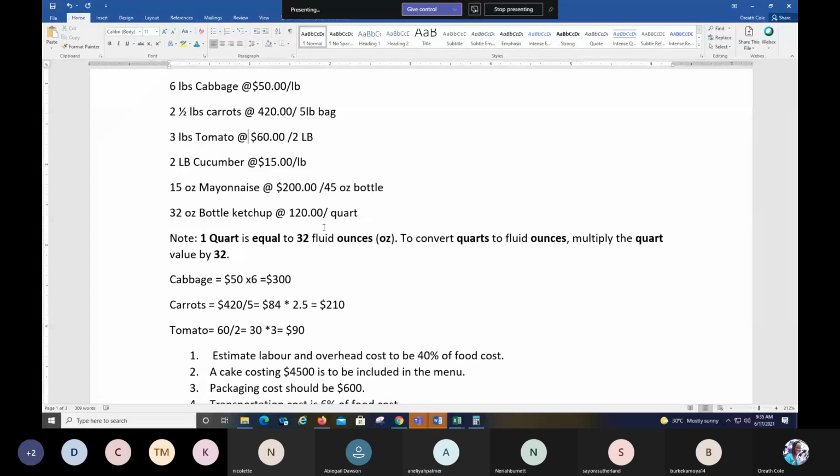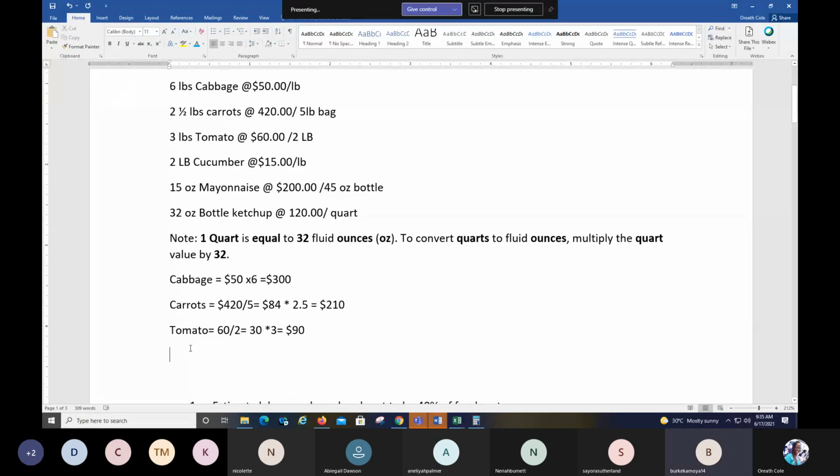It depends on how the question is written. The next thing we need to find out now is the 2-pound cucumber. How are we going to calculate for the 2 pounds?